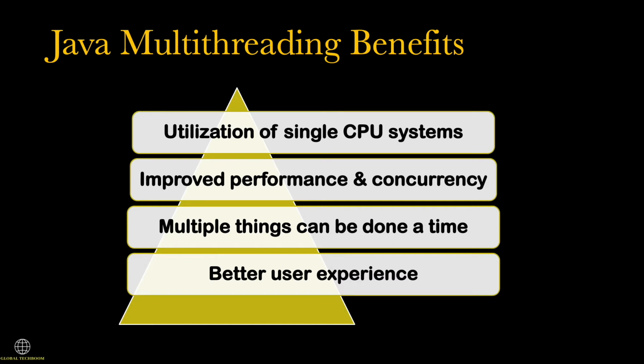As multi-threaded applications are able to utilize CPUs efficiently, programs will have improved performance and concurrency. Programmers can divide a long program into threads and execute them in parallel, which eventually increases the speed of program execution. Multithreading can be provided for a better user experience in the applications.